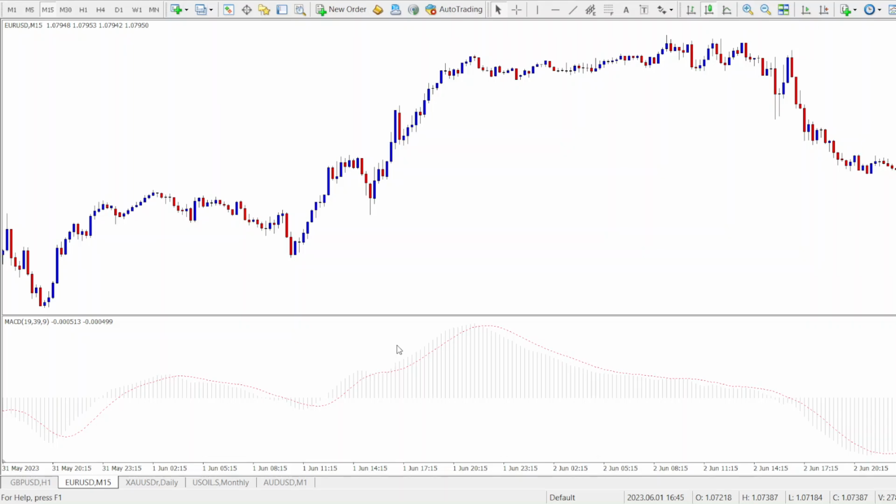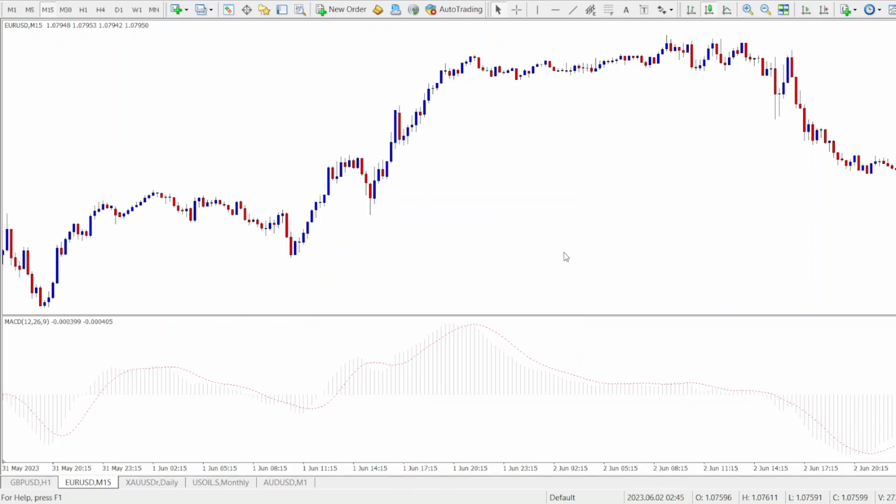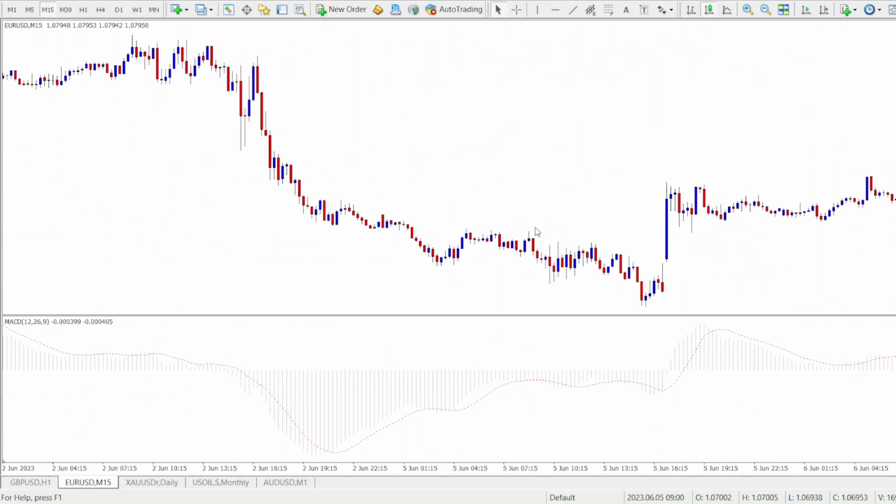Okay, now the default settings for the MACD are usually 12, 26, and 9. Most traders use the default settings on the 15-minute chart. But that's not always ideal, especially when the market is moving quickly.